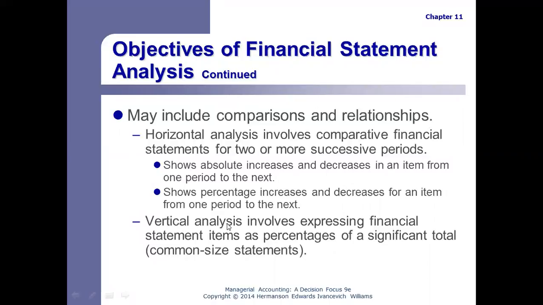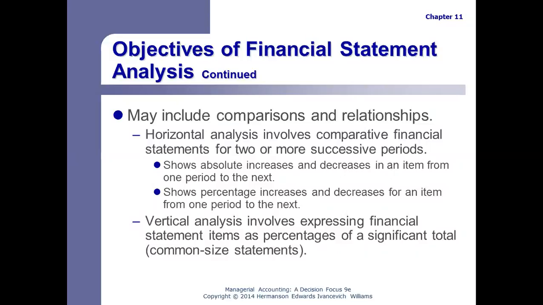On the other hand, vertical analysis is looking at, for a particular year, the financial statement items as a percentage of something similar. So for example, an example for we individuals might be, let's say rent on a monthly basis was $1,500, and let's say our total income for the month was $3,000.